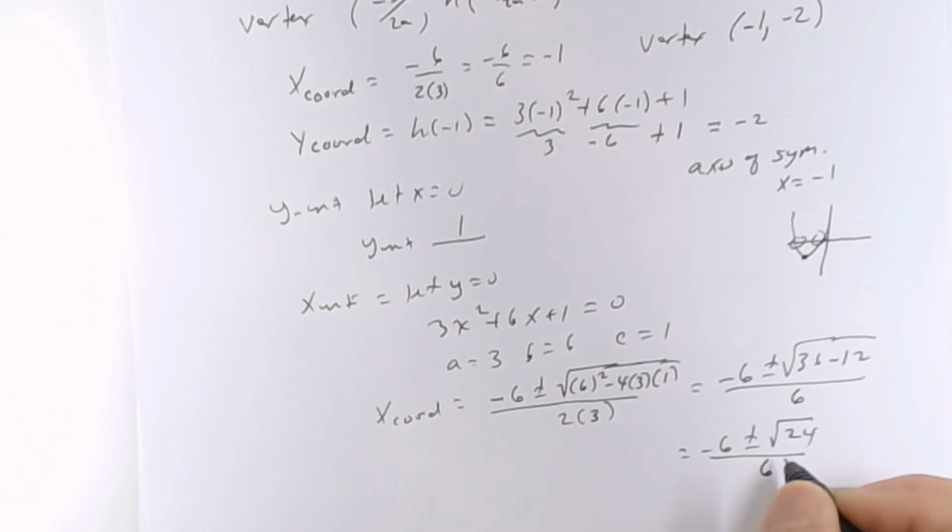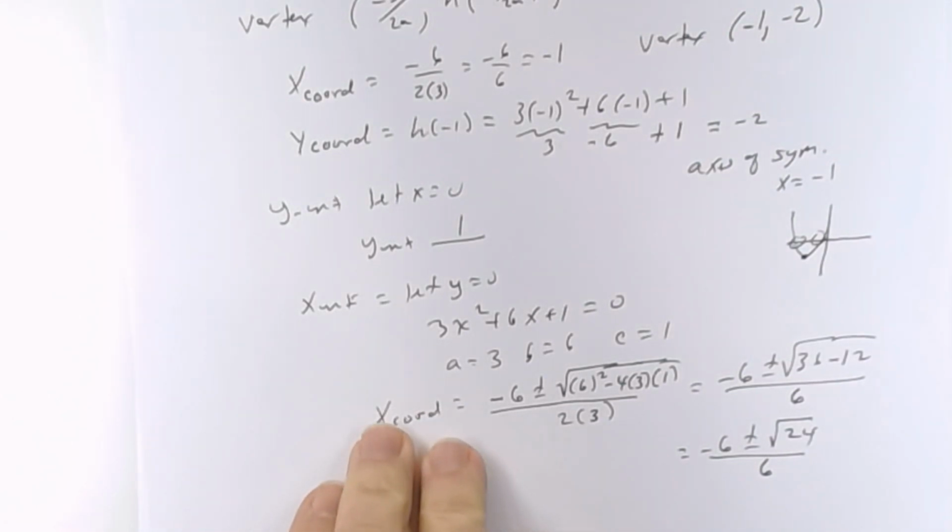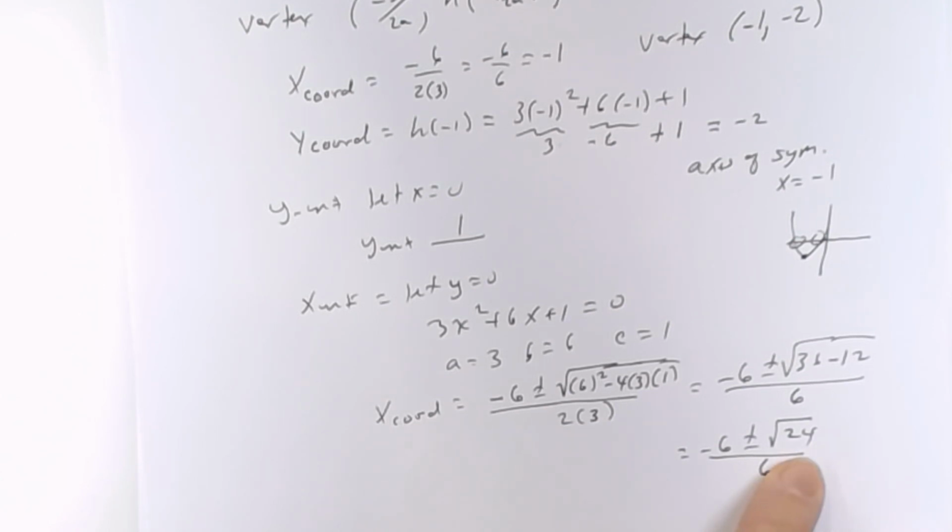Now, the difference between this and the one on test 2 is this. On test 2, you were specifically told to solve this quadratic equation, and if you can simplify the radical, you simplify the radical. Remember that? So what perfect square did you use on test 2? 4, 4 times 6. But since I'm graphing, don't do all of that.